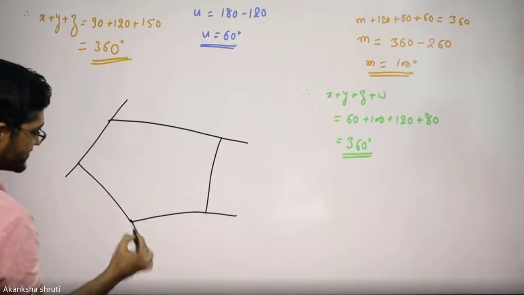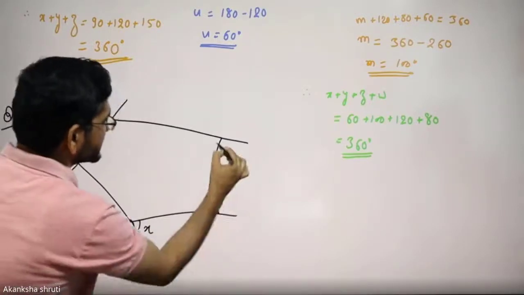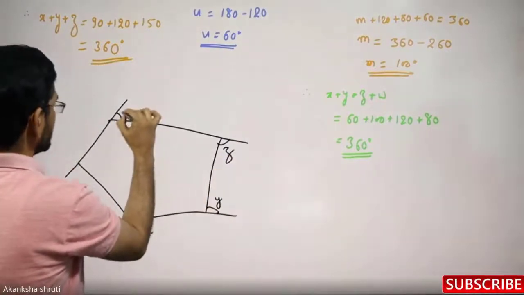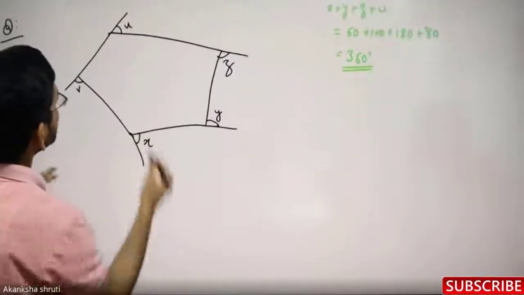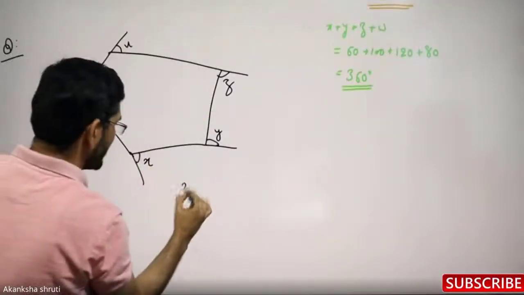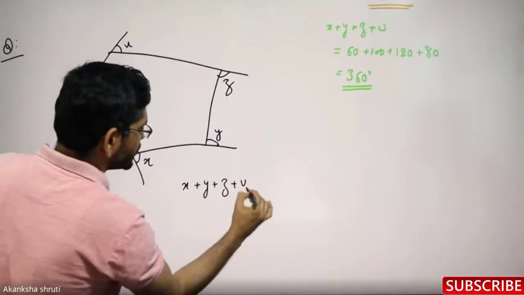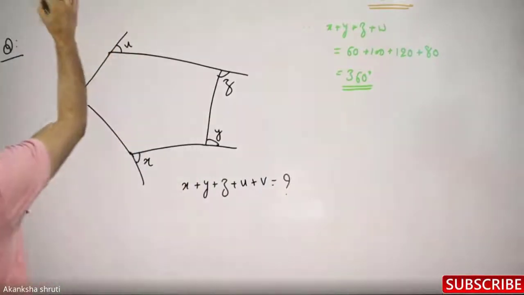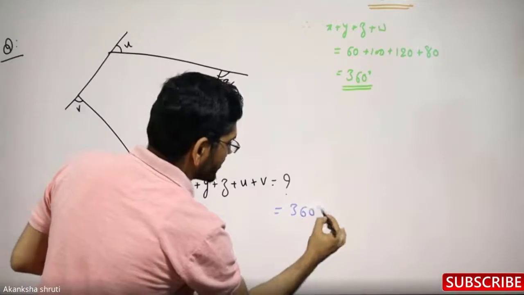Consider this as x, this as y, this as z, this as u, this as v. Only this much is given. What is the value of x plus y plus z plus u plus v? If the question is like this, there is nothing to do, it is always 360 degrees.